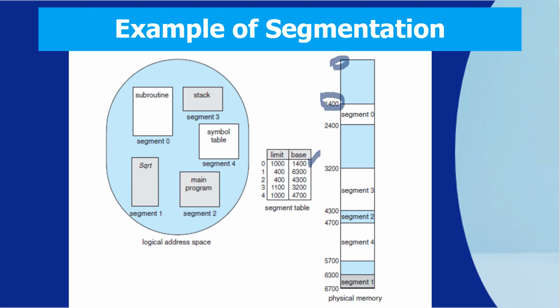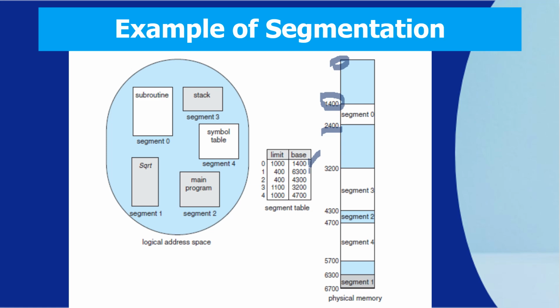So we add 1400 plus 1000, and the total value is 2400. So this is the place of segment 0. Check the next one, segment 1.